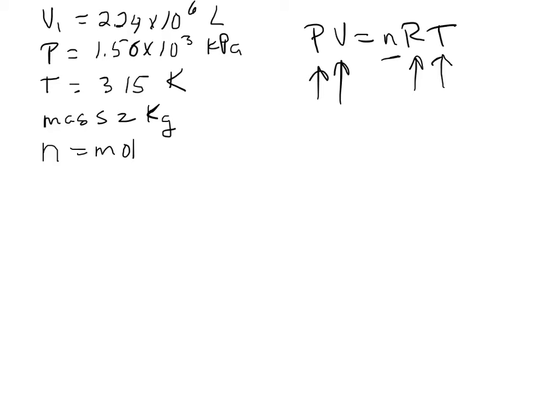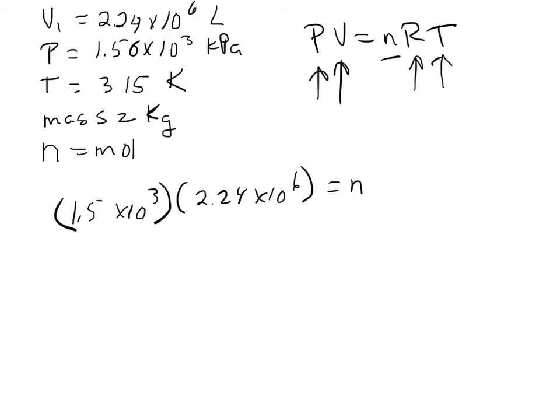So 1.5 times 10 to the 3rd times volume 2.24 times 10 to the 6th equals my unknown number of moles times 8.31. It's a really weird label: liters times kilopascals over Kelvin mole, which means everything else cancels. And my temperature is 315 K.